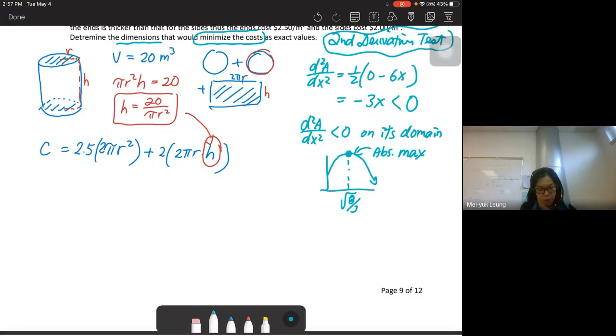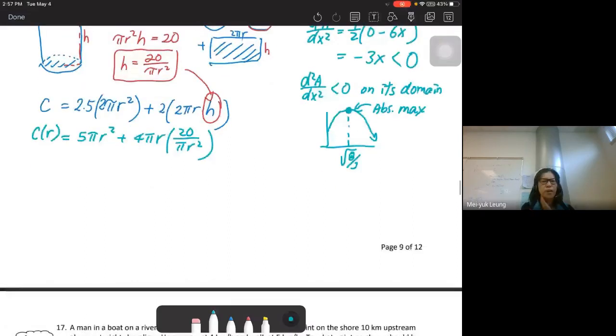Now we have the cost C as a function of r: 5 pi r squared plus 4 pi r times 20 divided by pi r squared. Let's simplify it before we differentiate. We have 5 pi r squared, and in the second term we cancel the pi and one of the r, leaving 80 over r.